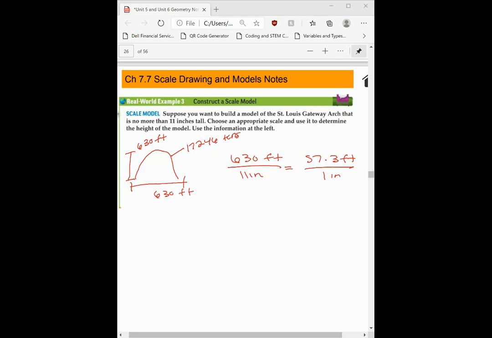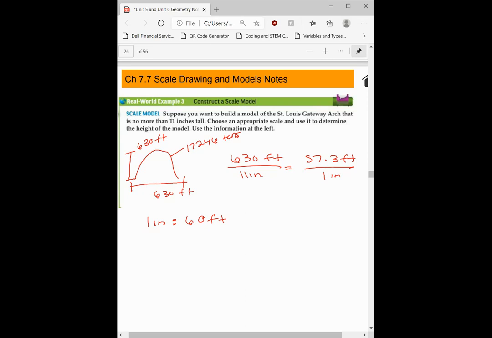So what we are going to do is say that 1 inch is equivalent to 60 feet, just to round it. So 1 inch is equivalent to 60 feet. This is our scale factor. For every inch in the model, the actual one is 60 feet tall.